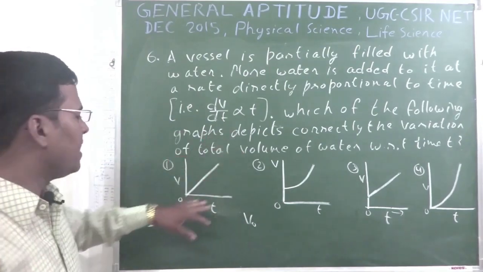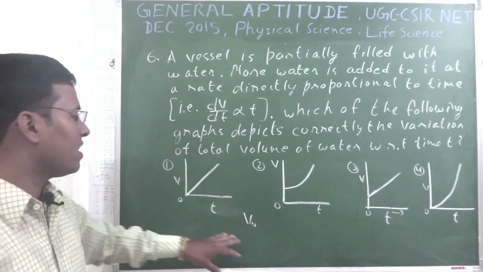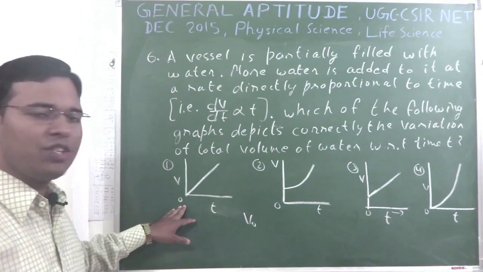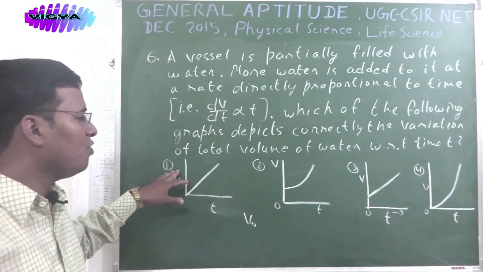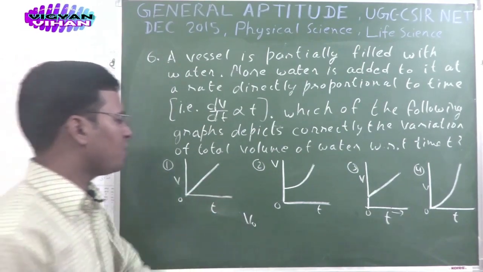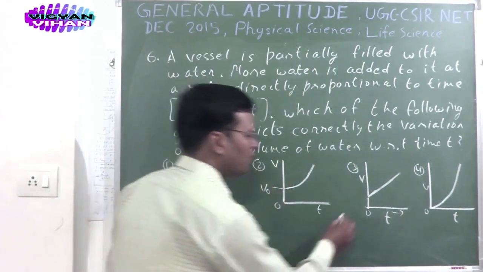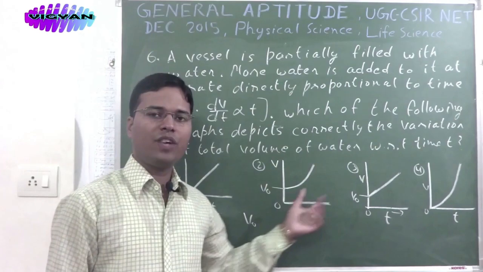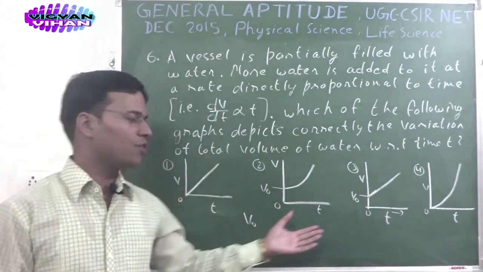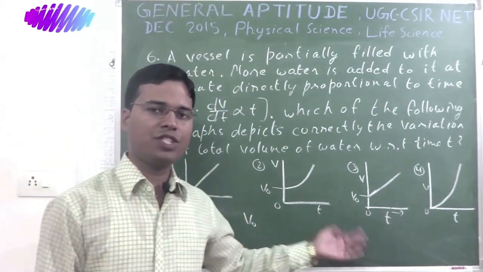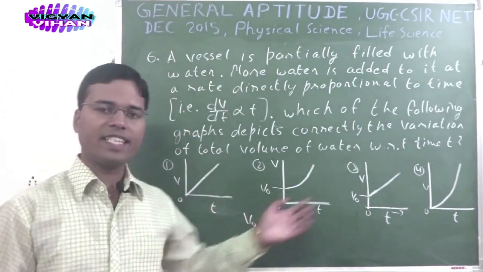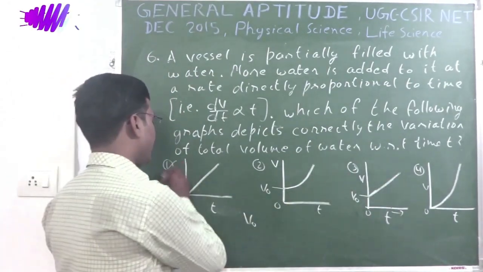Here, initially there is some volume of water, so at time t equals 0, there must be some volume that will be a positive value. So, here is volume. In options 2 and 3, there is non-zero volume at time t equals 0. So, options 1 and 4 are rejected.